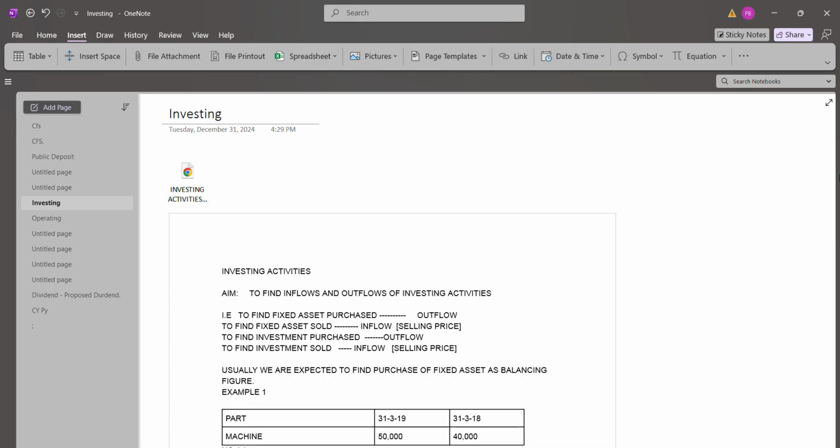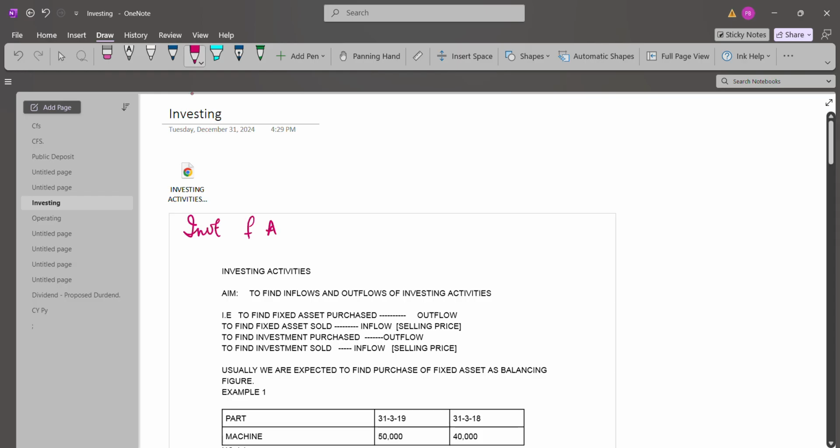So today we start with investing activities of cash flow. This is the second type of activity. First is operating, then we have investing, and then financing. Investing, as the name suggests, where are we investing our money? We invest our money basically in fixed assets.